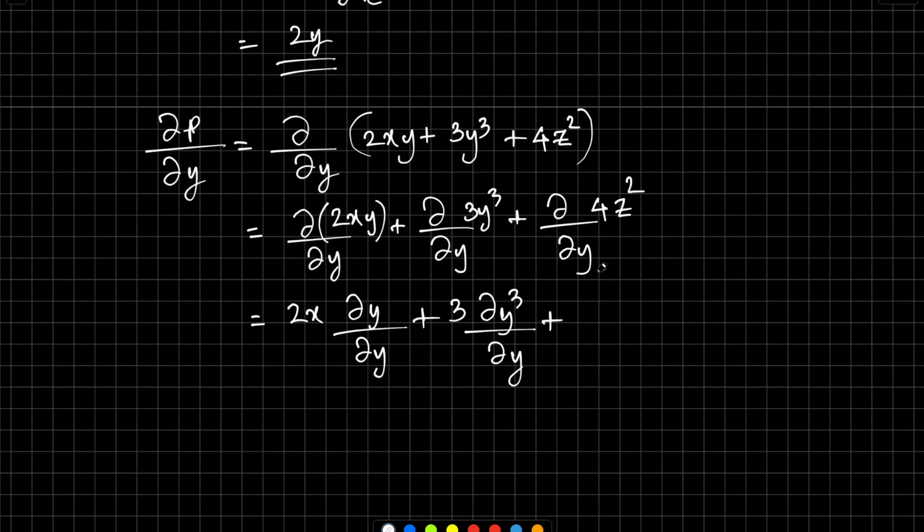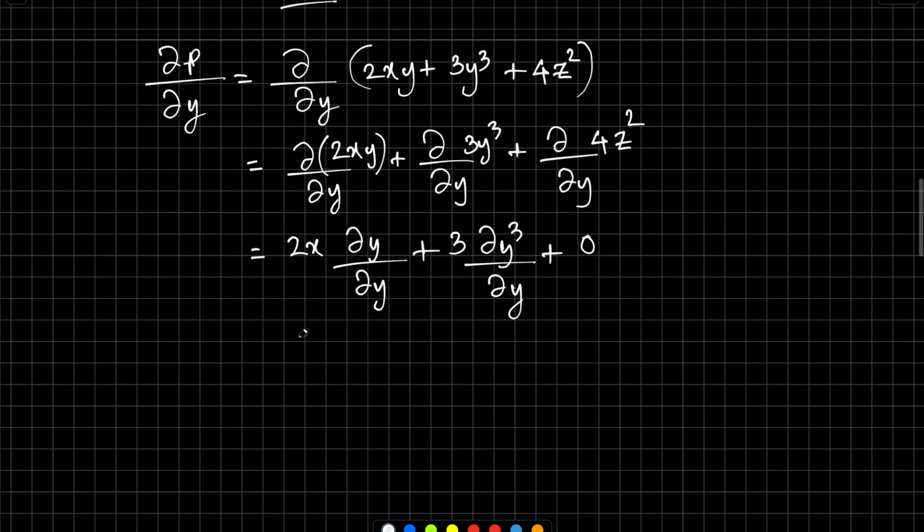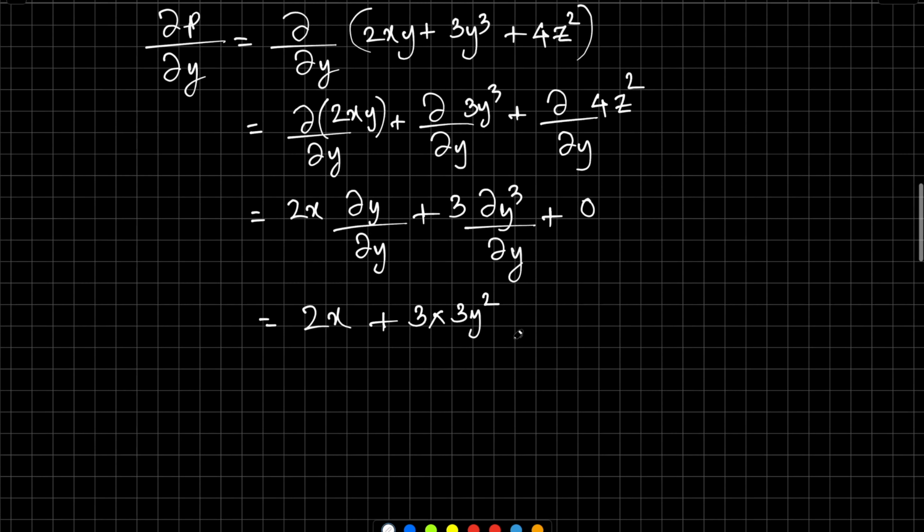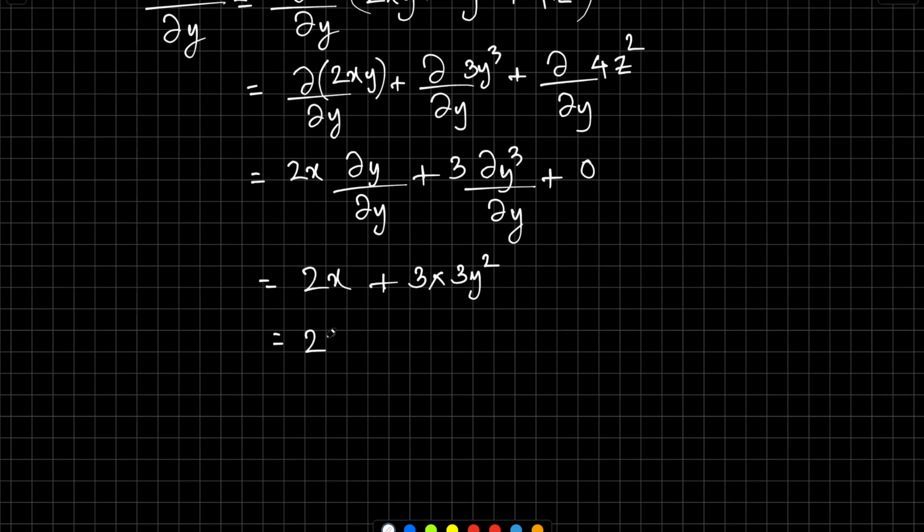Plus, yeah, we are differentiating with respect to y. There's no y at the top. So 0. So 2x times dou y by dou y is 1 plus 3 times dou by dou y of y cube is 3y square. The answer will be 2x plus 9y square.